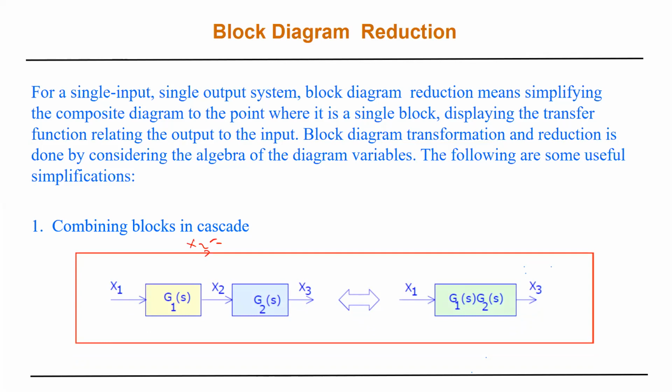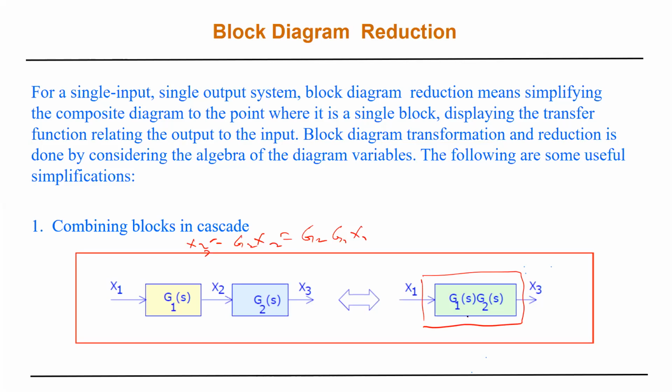Multiply G2 times x2. But x2 in terms of x1 also, which is equal to G2, G1, x1. So yes, cascade. I can reduce those two, I can combine those two into a single block. That would reduce the number of blocks which I have in the system.